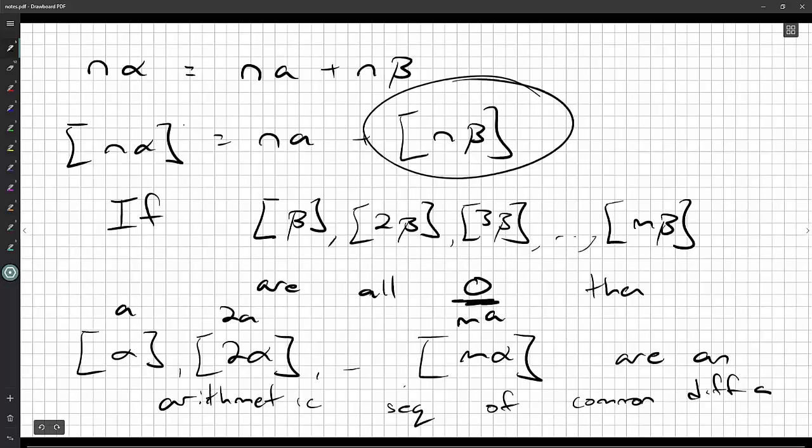Now, this is not something that should be true, and certainly you can't say that this is true for any beta, but this works.